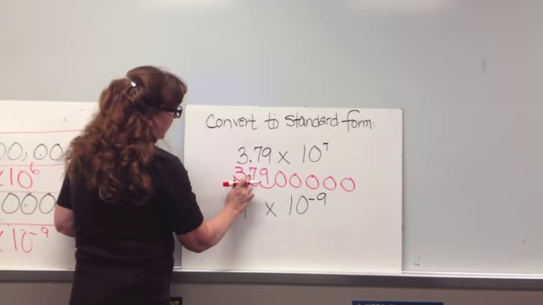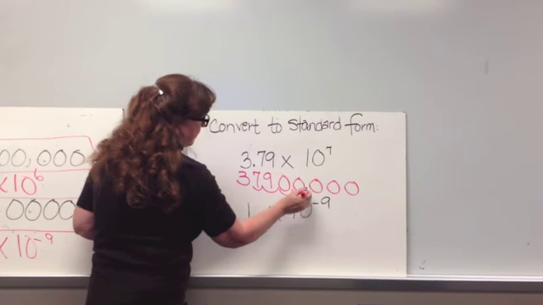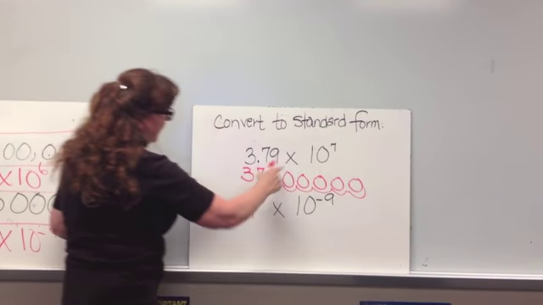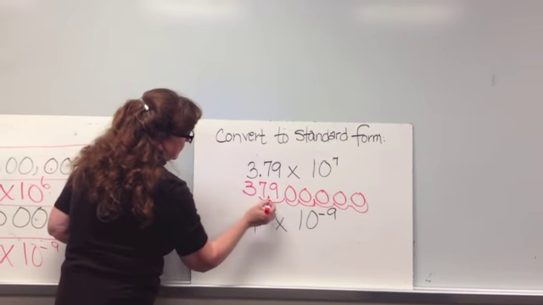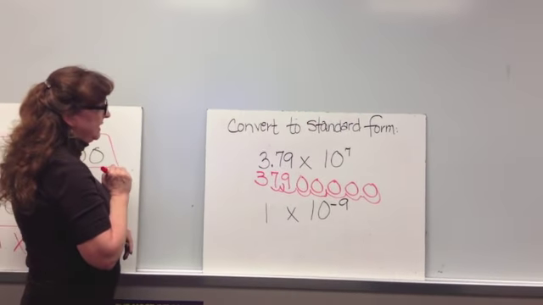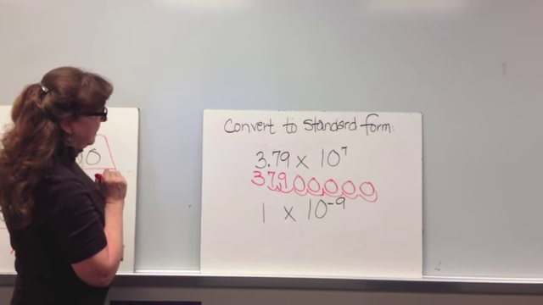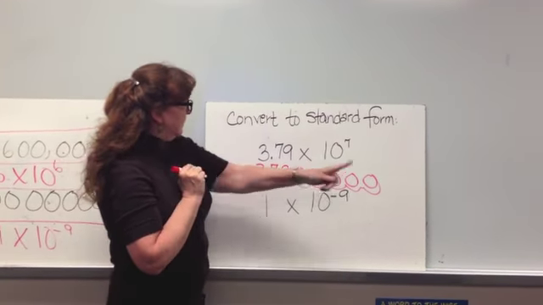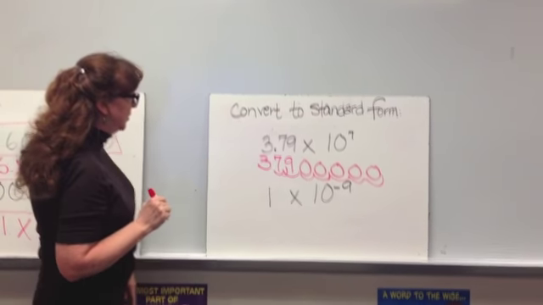And my decimal goes away. And you can follow the bouncing ball here. And now go in and put your commas. You've got 37,900,000. A very large number.